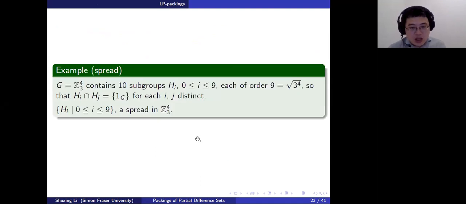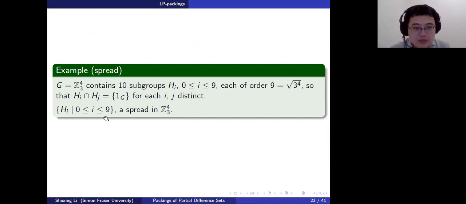So let's start with LP packings in elementary abelian groups, and they can be obtained from an object called a spread. So take group G to be 3 to the 4. This group contains exactly 10 subgroups H_i. Each of them has order 9, and every 2 of them intersect trivially.